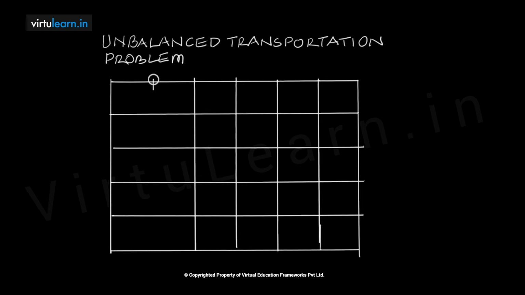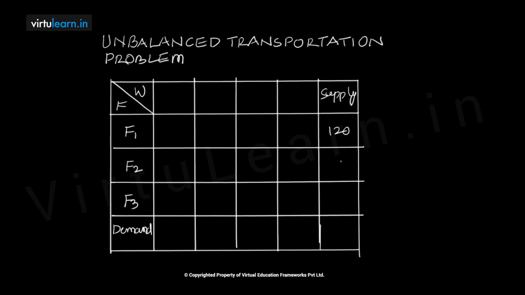So in this problem we will convert this into a balanced problem by adding one dummy column known as WD. Anyhow, first we will see this problem, then we convert that into a balanced problem.